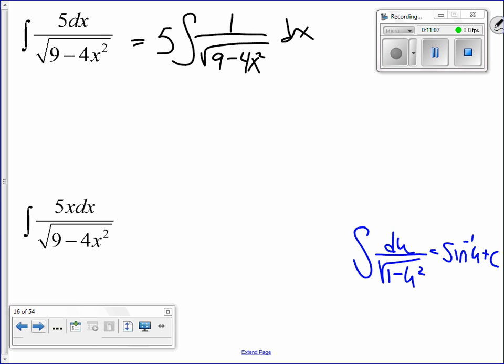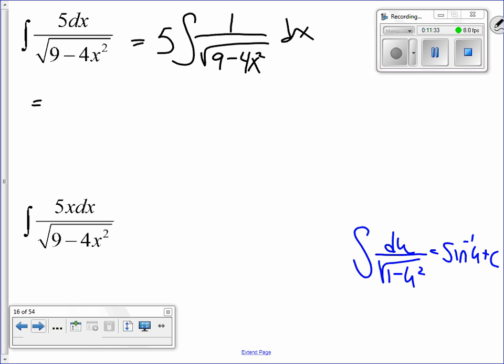Now, I'm trying to get this to look like that. That's the first thing I got to take care of. Okay, before I do u squared, I got to do something else first. Yeah, you need this to be a 1. So if the constant in the denominator is not a 1, you got to factor it out so you'll have a 1.